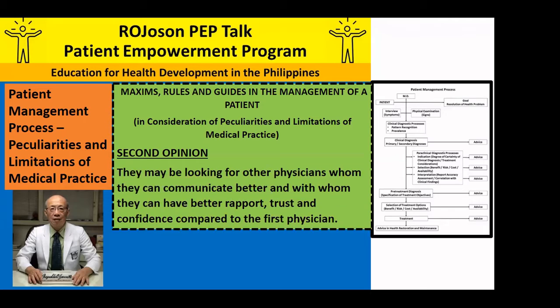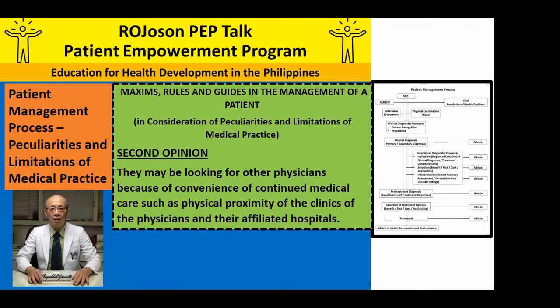Another example, they may be looking for other physicians with whom they can communicate better and have better rapport, trust, and confidence compared to the first physician. The third example is that they may be looking for other physicians because of convenience of continued medical care, such as physical proximity of the clinics of the physicians and their affiliated hospitals.